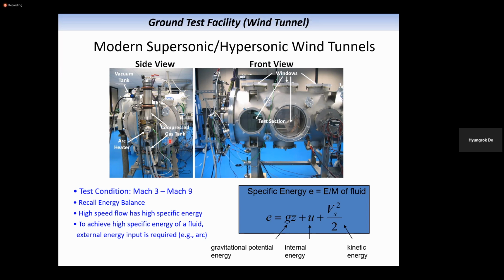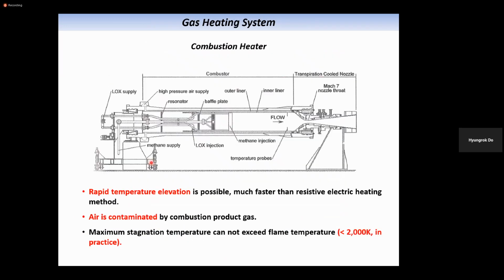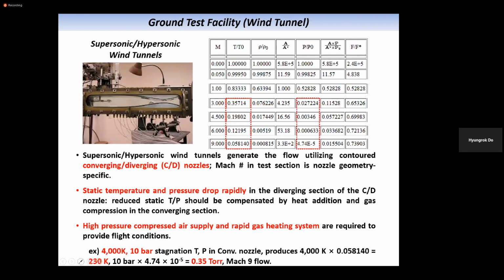Anyway, this heater increases the temperature to maybe above 4,000 Kelvin. And you can mix the gas with a colder flow here to produce 4,000 Kelvin and 10 bar gas. That's the system I used when I was in the United States. So let's say now you produced 4,000 Kelvin gas, but at 4,000 Kelvin, many of the molecular species should be dissociated, and some molecules will be internally excited.